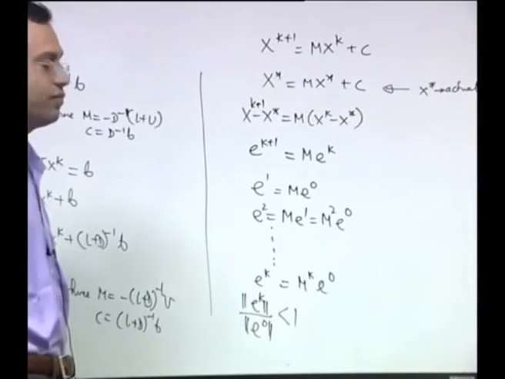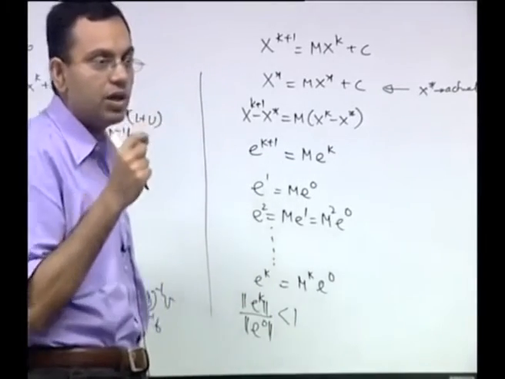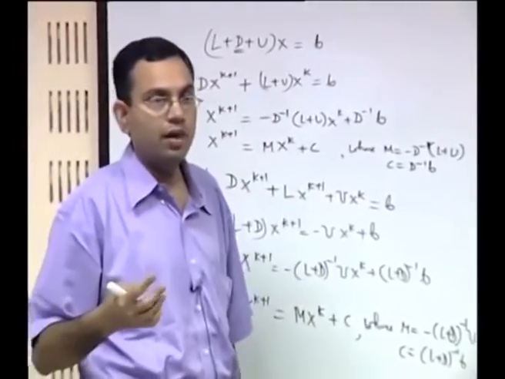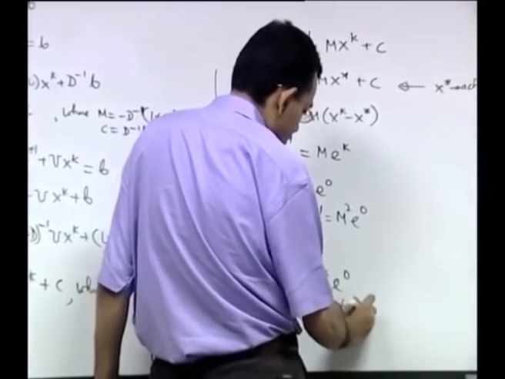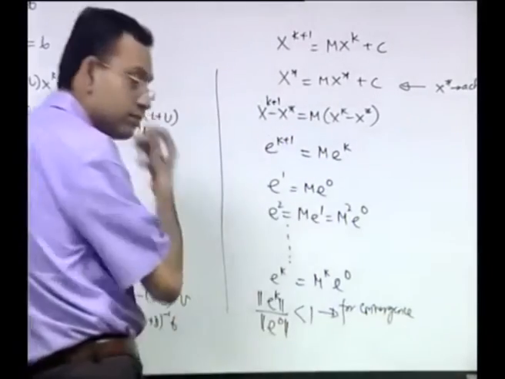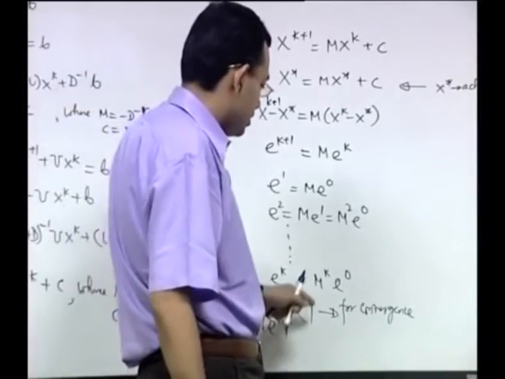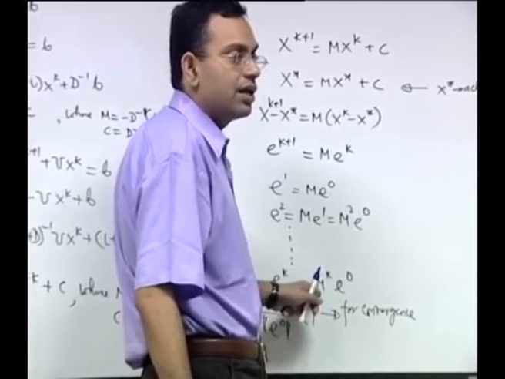If that is not the case, then your error is getting magnified. Whatever was the error because of initial guess, that gets magnified with iterations, then it is diverging. So, this is the requirement for convergence. So, that will require that the norm of M to the power k must be less than 1.